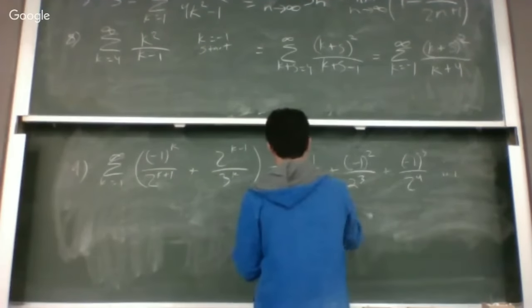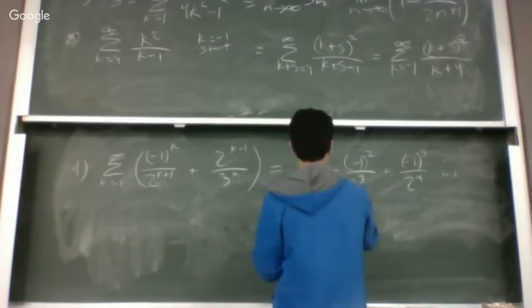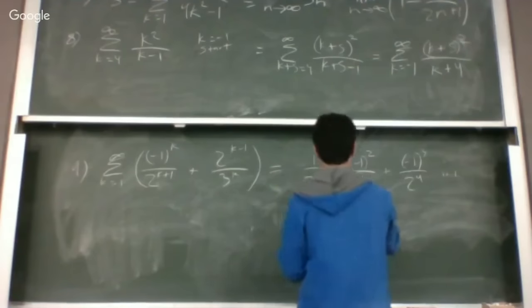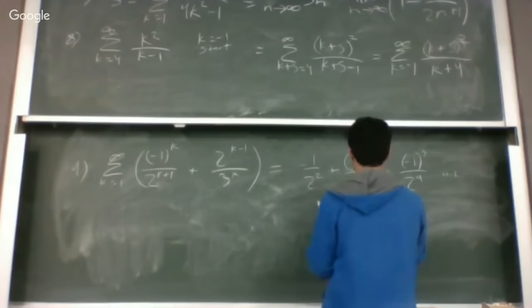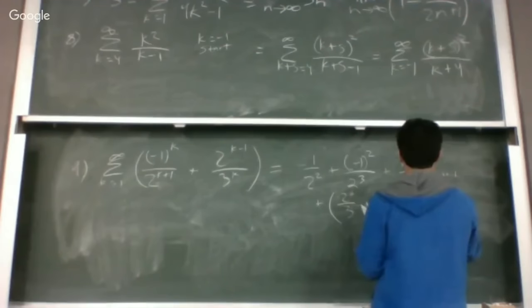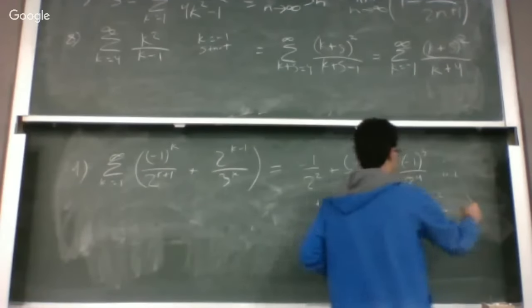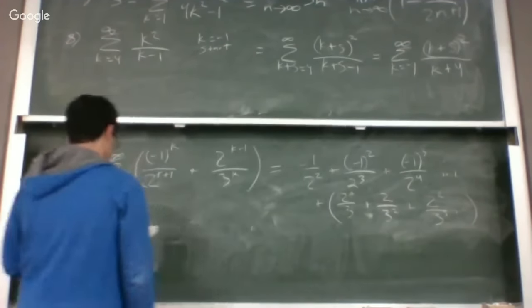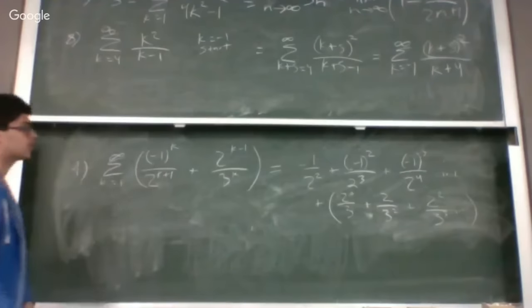The second series is 2 to the 0 power divided by 3 plus 2 divided by 3 squared plus 2 squared divided by 3 cubed, and the second series goes on.